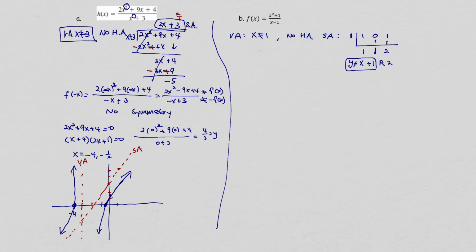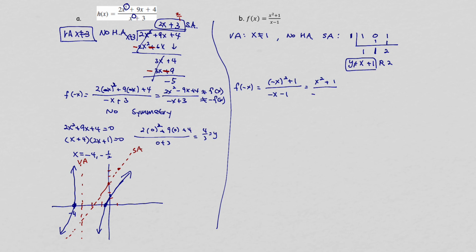Let's see what type of symmetry this is this time by replacing x with negative x. Then you get negative x squared plus 1 over negative x minus 1. You get x squared plus 1 over negative x plus 1.